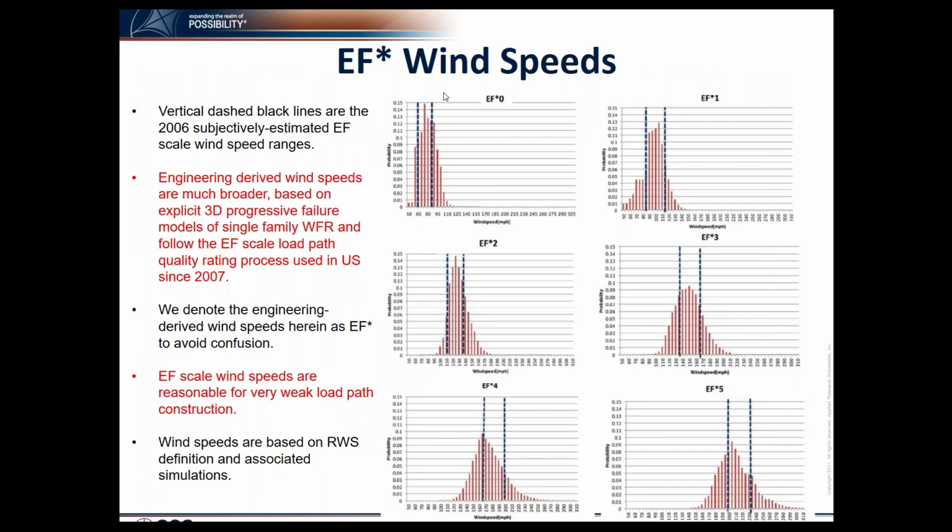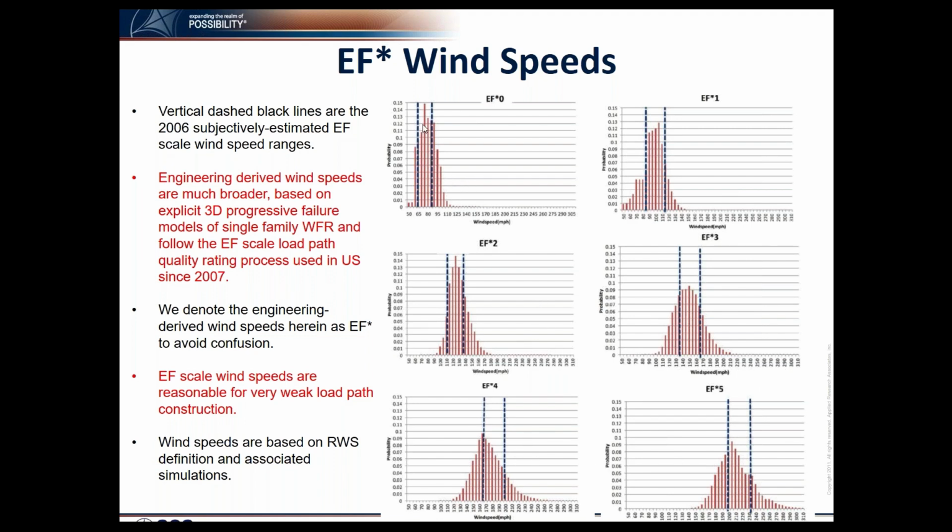So here, this slide shows the distribution of the EF scale wind speed. We use an EF star to distinguish it from the EF scale. As you can see, our engineering derived wind speeds are much broader, and there are overlapping wind speeds.